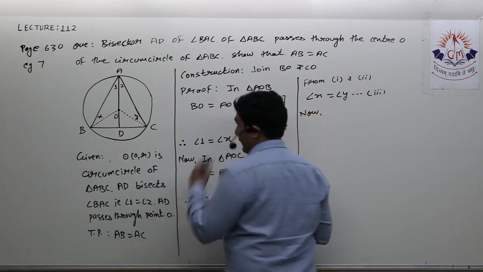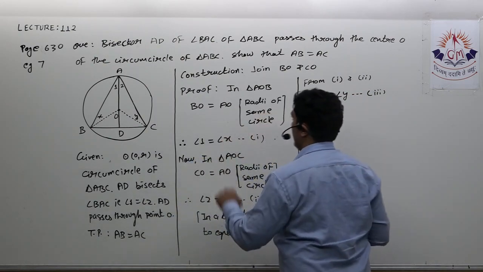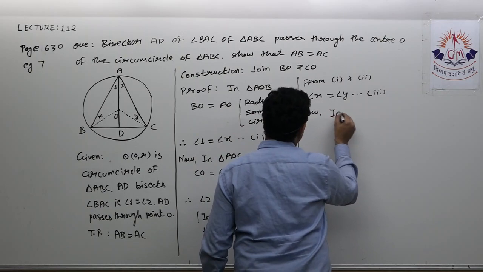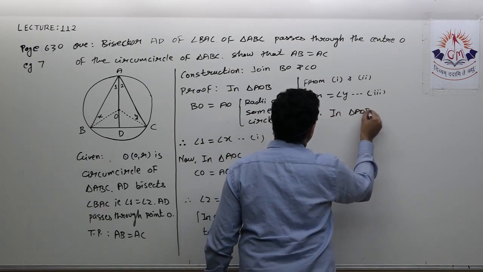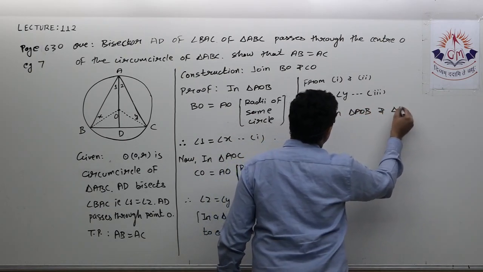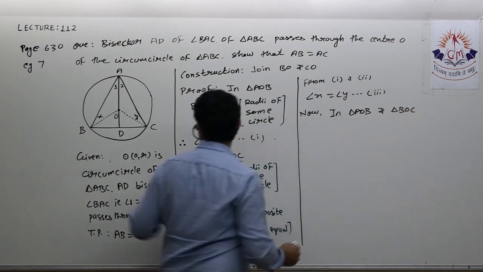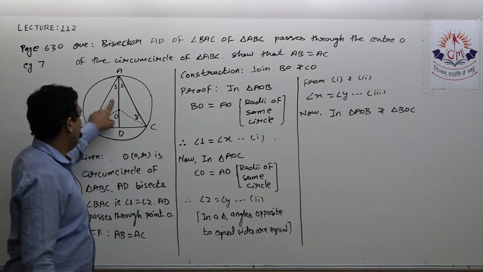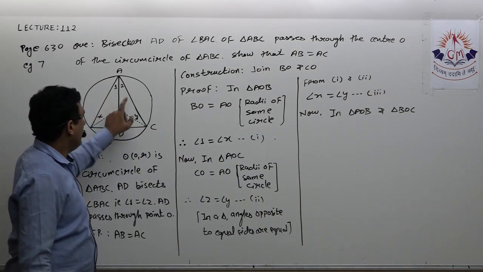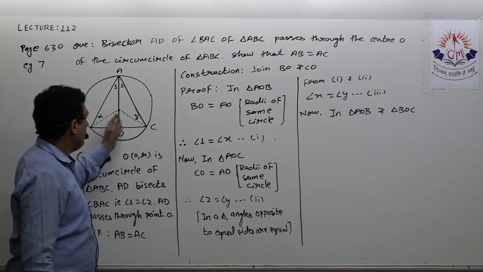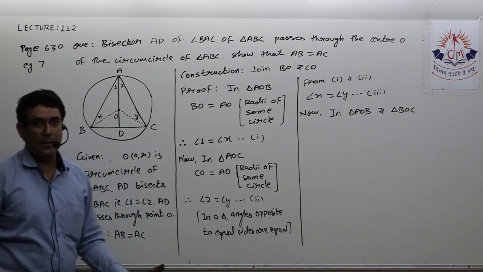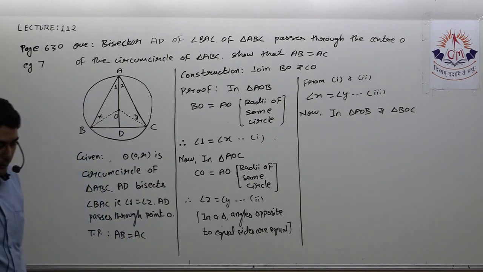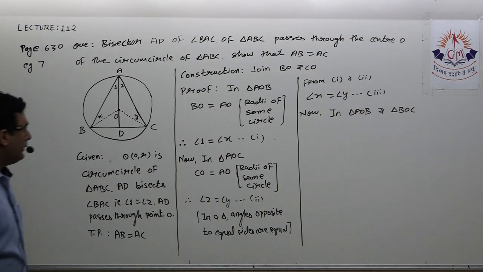Now we'll come to triangle AOB and AOC. See, it is almost done. Now, X equal to Y, we proved; 1 equal to 2, that is given; and AO equal to AO, common, or I can say BO equal to CO. In both ways, I can say triangles will be congruent to each other.